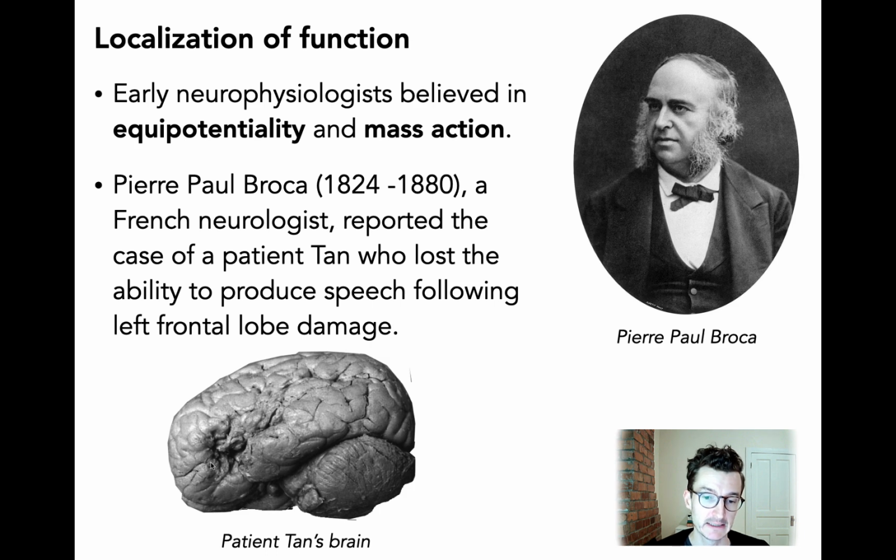You can see Tan's brain on the slide here. Tan could understand speech. He could understand language, but he wasn't able to produce speech. So we see damage to a specific brain area results in a very specific deficit. So this was sort of the first evidence that functions, cognitive functions, might be localized in the brain.